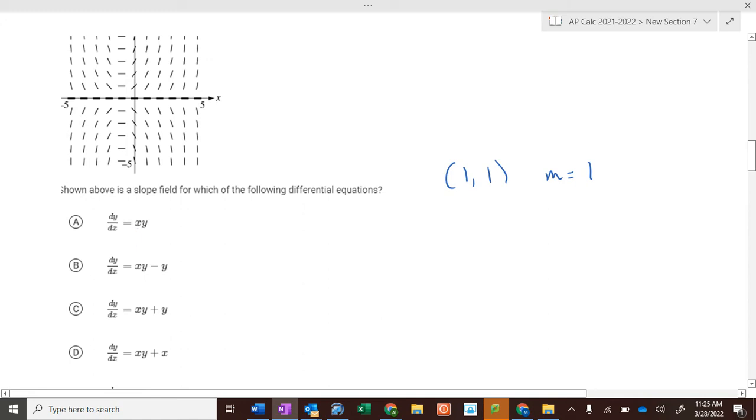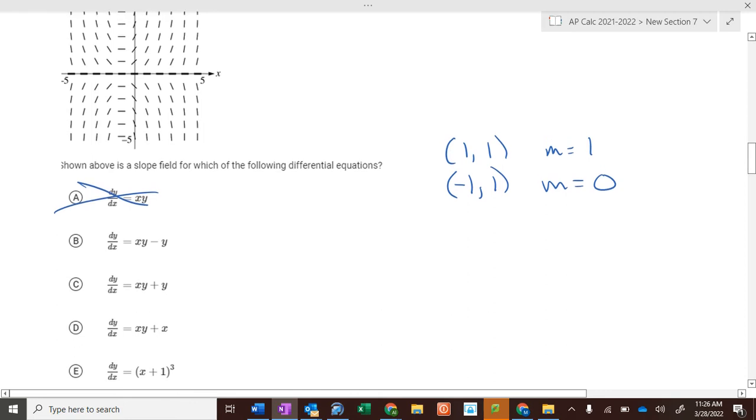That makes sense. At negative 1, 1, your slope should be 0. At 1, negative 1, is your slope 0 on this first one? No, it isn't. At negative 1, 1, the slope should be 0. If you put in a negative 1 for x and a 1 for y, you don't get 0 for that.